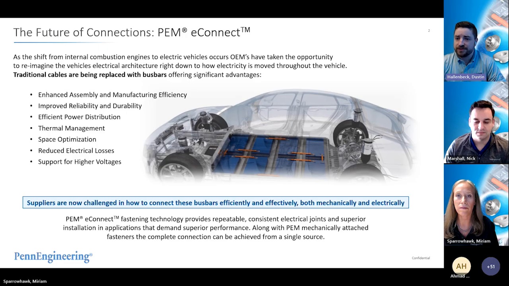One of the major transitions that we're seeing is a cable to bus bar transition for multiple reasons. There's lighter weight, they're more efficient, there's a lot of space savings in specific axes that we'll talk about a little bit. And with this presentation, we really want to go through a couple of specific PennEngineering categories that are going to be a new product segment known as eConnect. And I'm going to hand it over to Nick here to go through those specific products with us now.